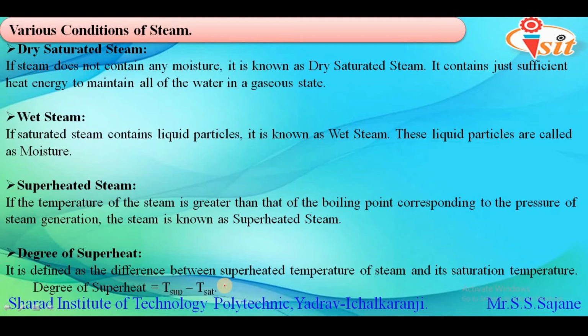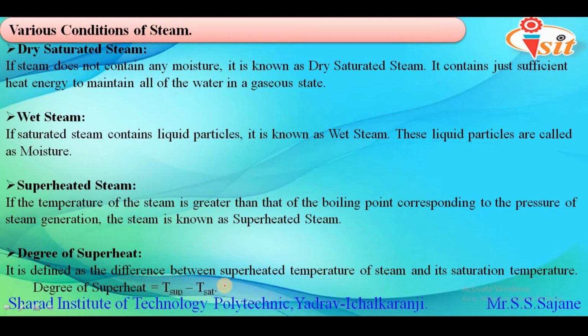Since we have considered atmospheric pressure, that is 1.013 bar, at this pressure the saturation temperature of steam will be 100 degrees Celsius. To calculate the degree of superheat, we simply take the difference of these two temperatures, that is, 150 degrees minus 100 degrees Celsius. So we get the answer as 50 degrees Celsius. This 50 degrees Celsius is what we call the degree of superheat.